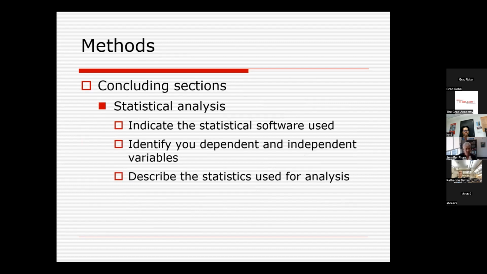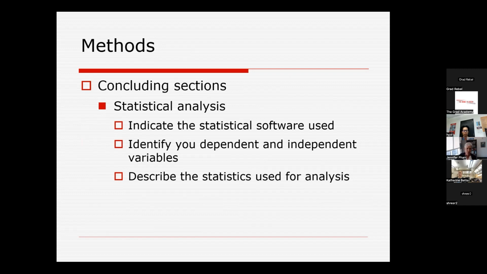And then you conclude the methods section with the statistical analysis. So in your statistical analysis section, you want to indicate what software you used. Did you use SPSS, R, SAS, NVivo? You want to identify what your different variables were. So what was your independent variable or variables? What were your dependent variables?